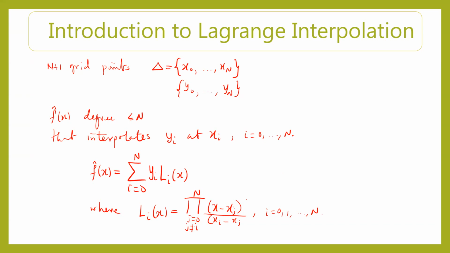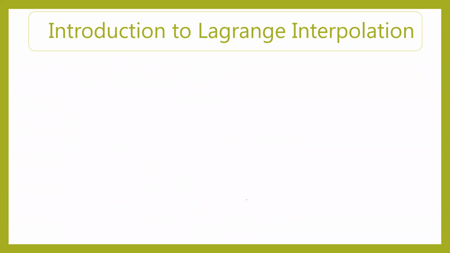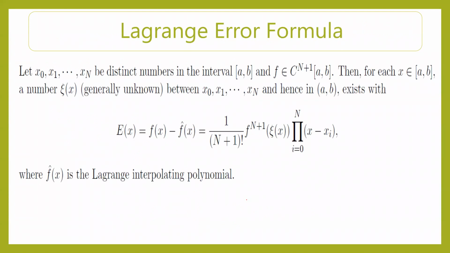And the topic in this video will be to provide and to prove the error for this approximation and solve some further examples. So let's quickly go into the error statement. All right, so the Lagrange error formula states this. If I have x0 up to xn, they are distinct in the interval [a, b], and I have a function which is C^(n+1) on this interval.